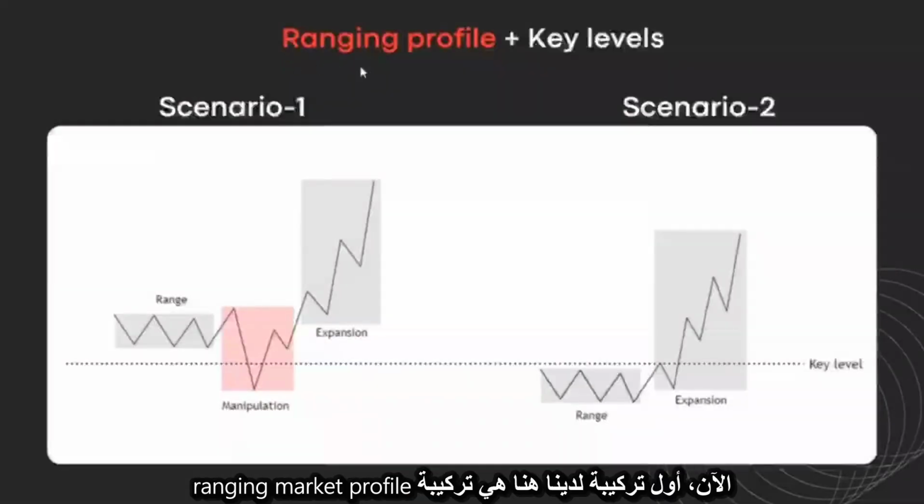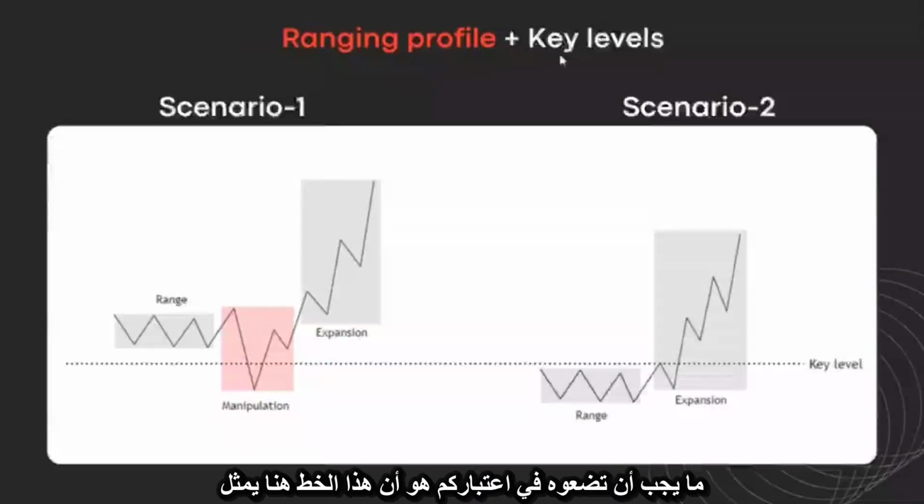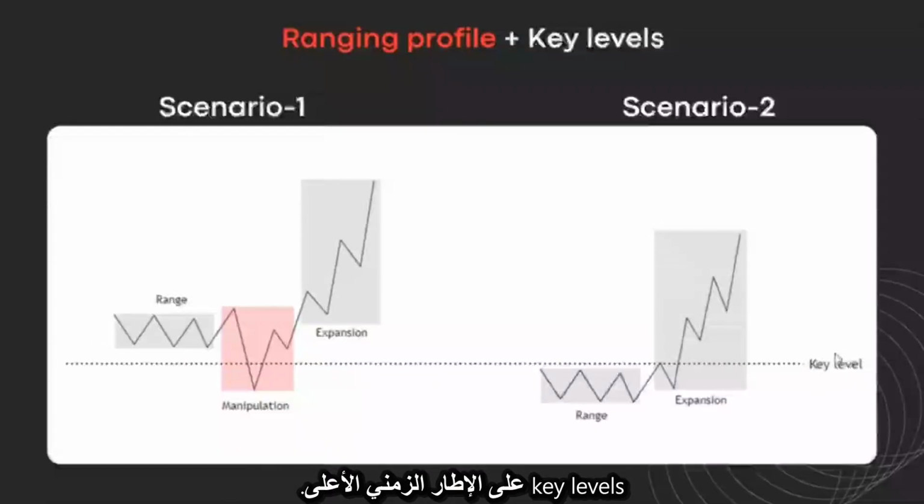The first combination we've got here is the combination of ranging market profile and key levels, right? What you need to keep in mind is that this dotted line right here represents a key level on the higher time frame.